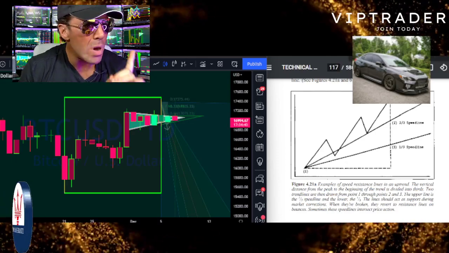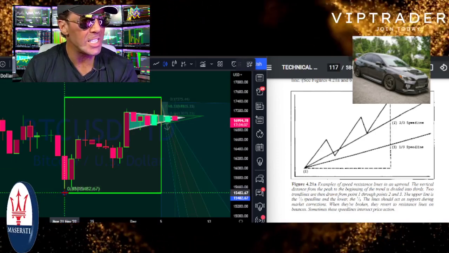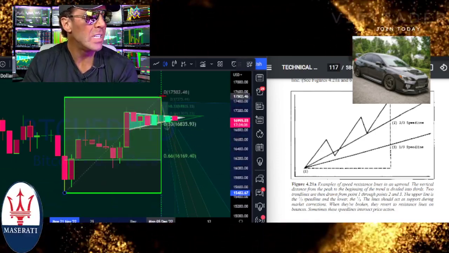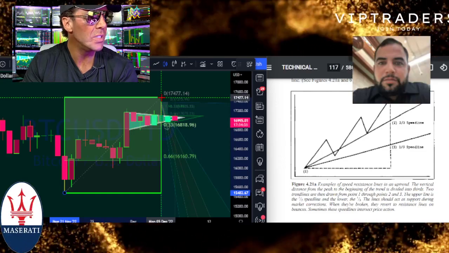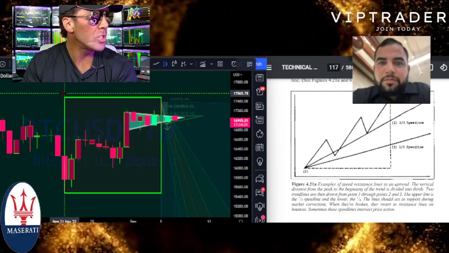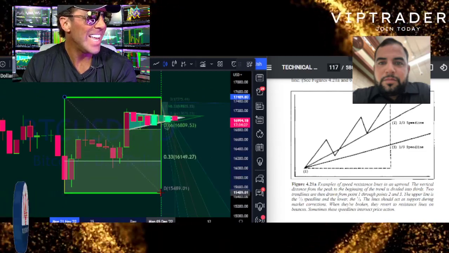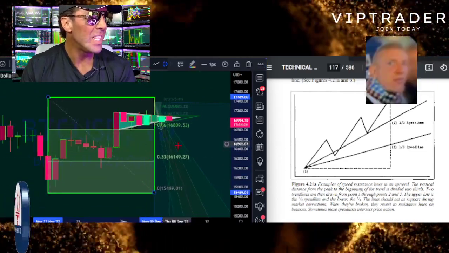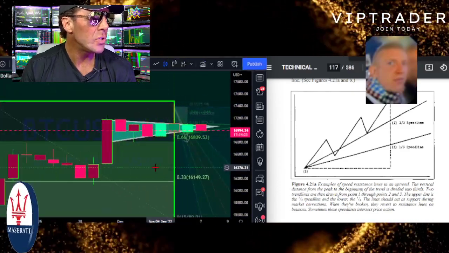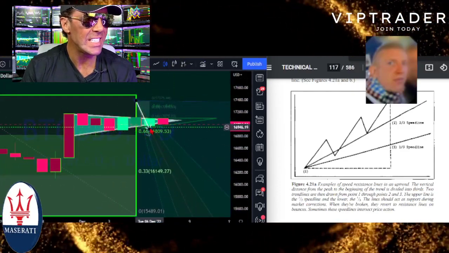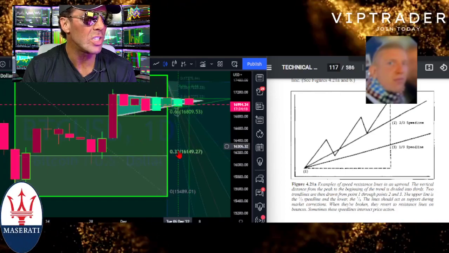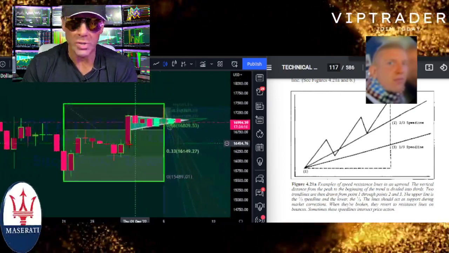I have modified the Fibonacci retracement tool, which I will show you how to do, and we will start from the top and drag to the bottom. And this will demonstrate the 2/3 line, or 66%, and the 1/3 line.